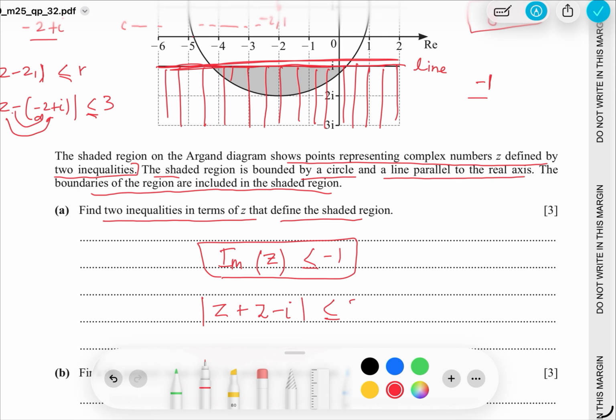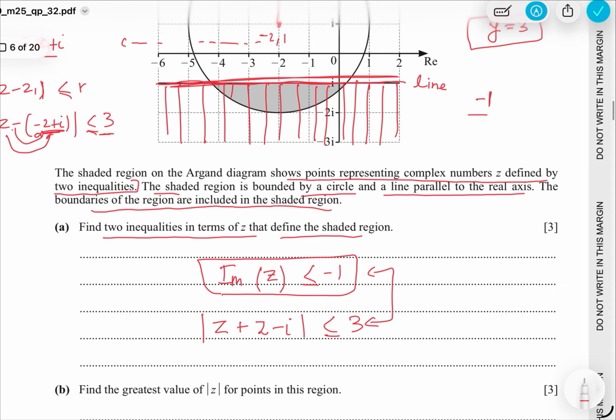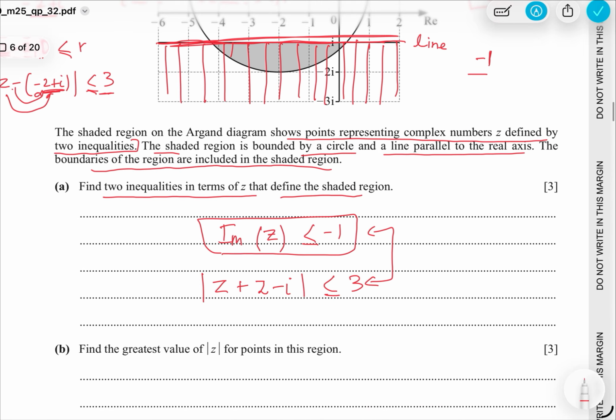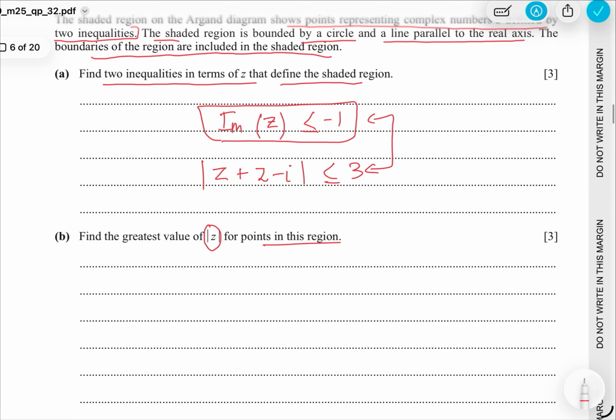So these are our two inequalities of the shaded region. Easy, learners? Easy or hard? See, this one is the center coordinate and this is the radius. Whenever you are locating a circle on an Argand diagram using a loci. Done? This is done. Now find the greatest value of mod z for all the points in this region.